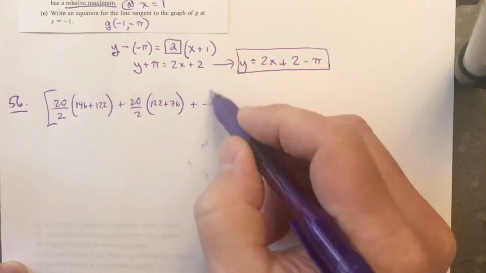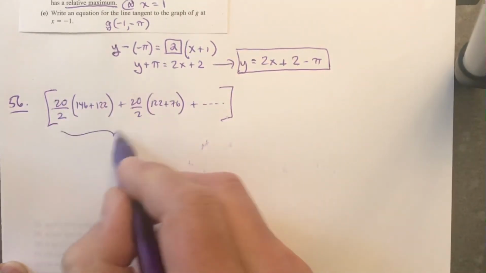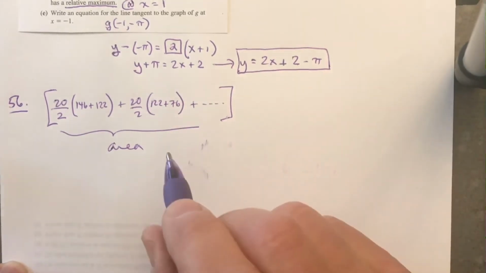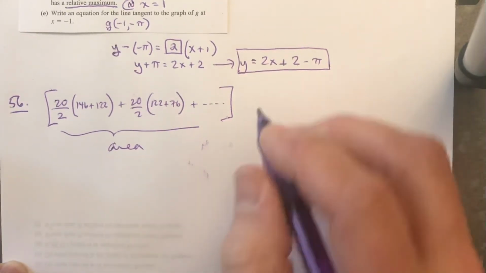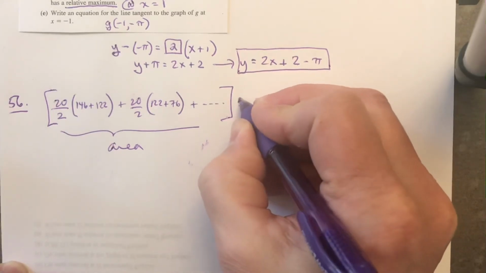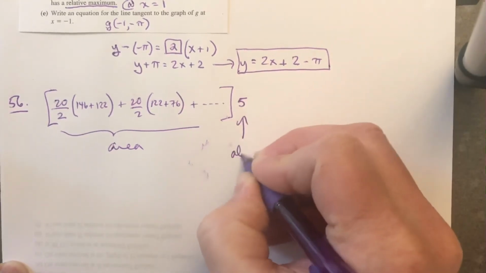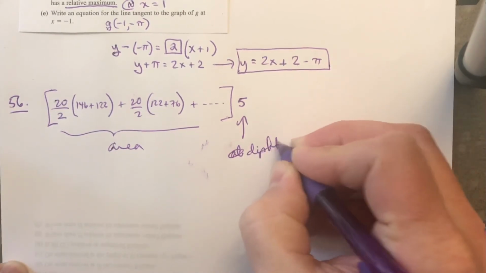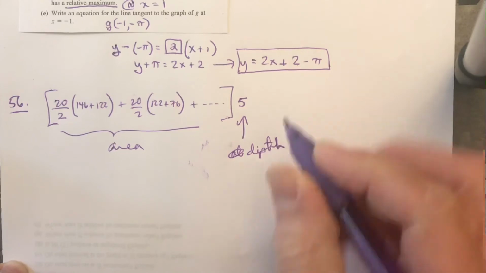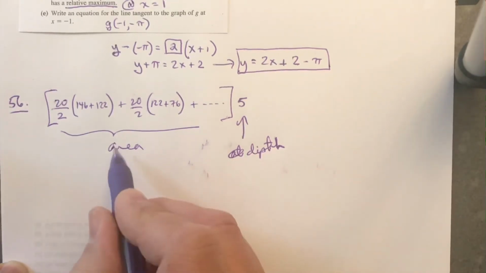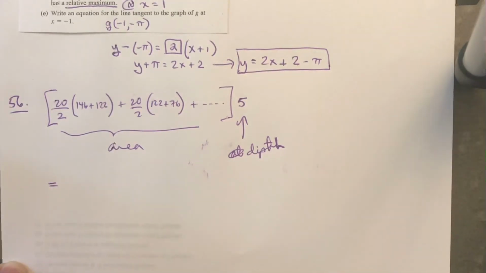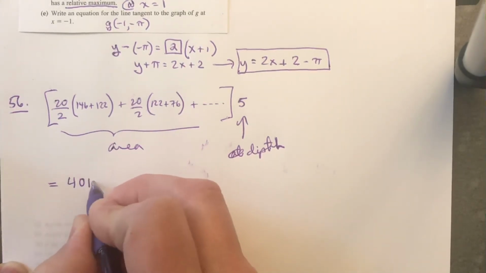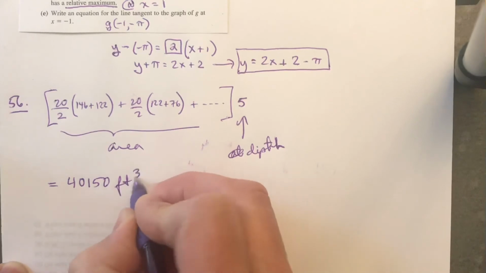Now, once we have this area, then we need to multiply by the average depth of 5. So I'm going to multiply it by 5 for the depth, and that multiplied by the area would give us a volume of about this many cubic feet.